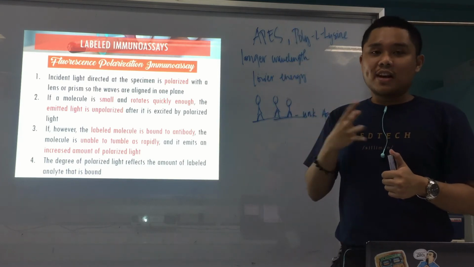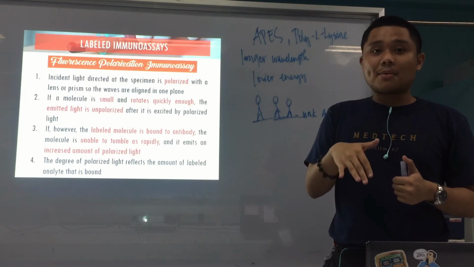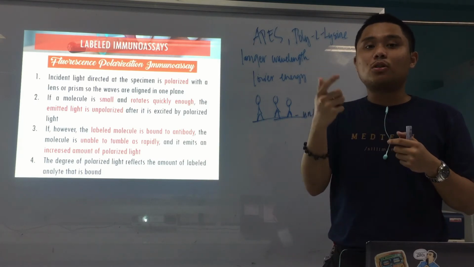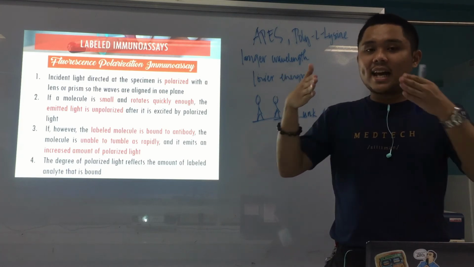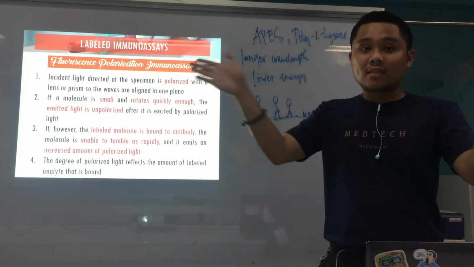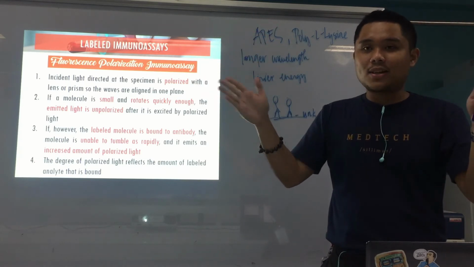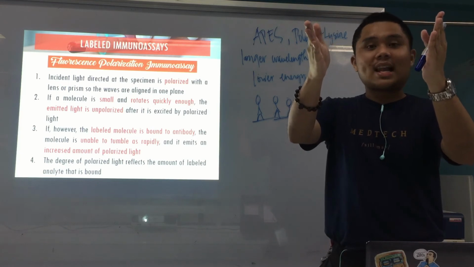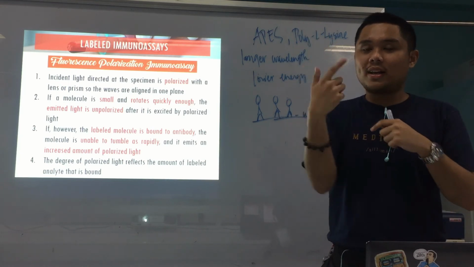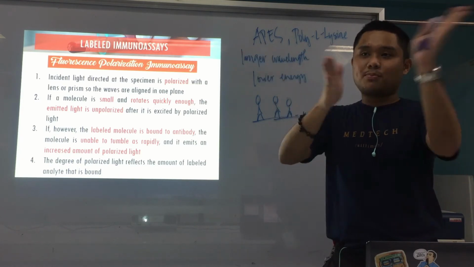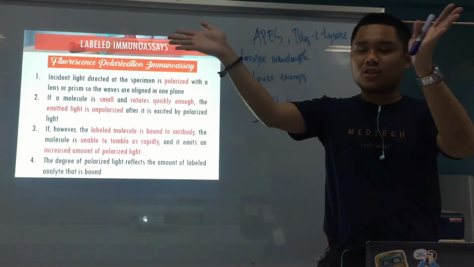So if the molecule is large, for example an antigen and antibody together as a complex, it doesn't move much. Meaning the incident light passing through the antigen-antibody complex doesn't scatter to different areas. The light is in one direction only, meaning an increase in the polarized light produced. Whereas if the molecule is small, it moves very fast, so the light can disperse to other areas.